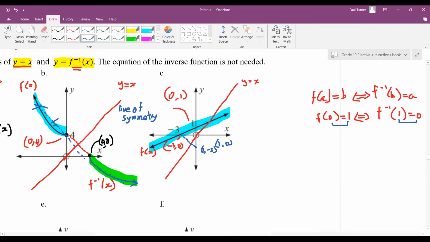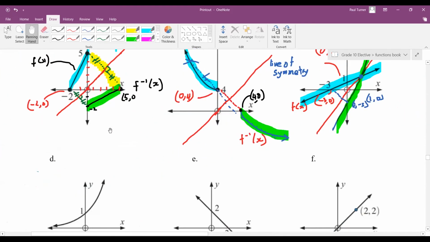I should make the line pass through here, like that. It should cut through there. That's where they are equal. So that's your f inverse, something like that. It can cut across like that. There, that's your inverse graph. It should be a straight line. Okay, so you just swap the coordinates around.